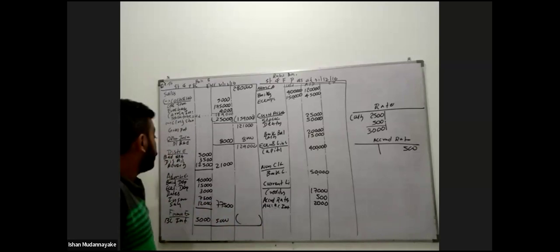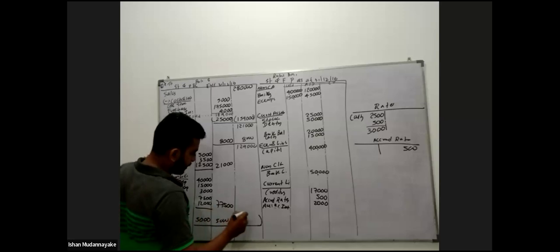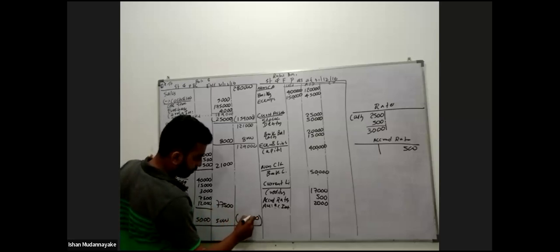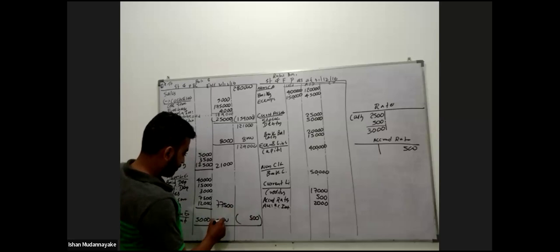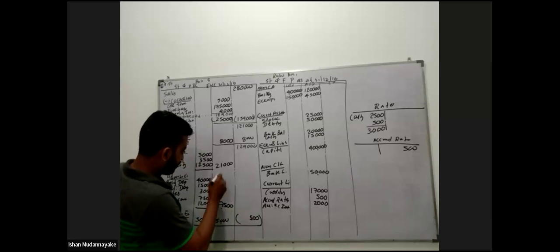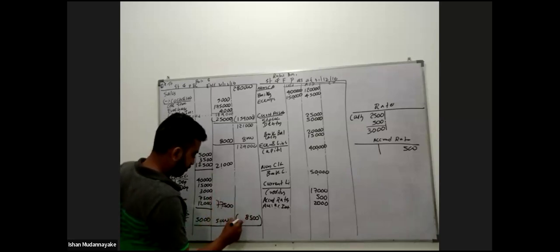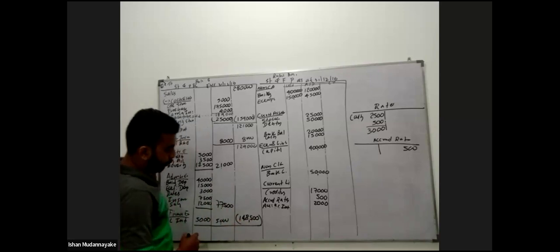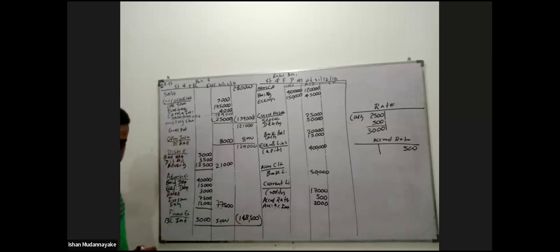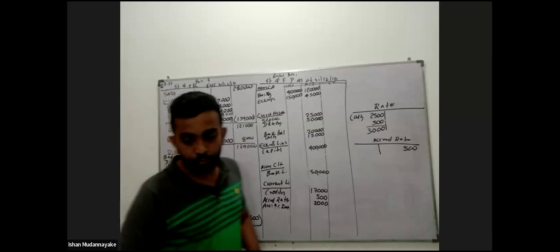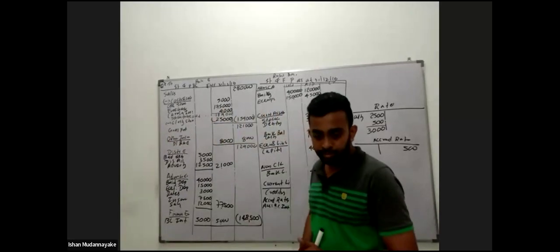Okay, then right. Lamai, total expenses how much? Total expenses. $148,500. Is it correct? My total expenses 148,500. Is it correct, Lamai? Correct or wrong?